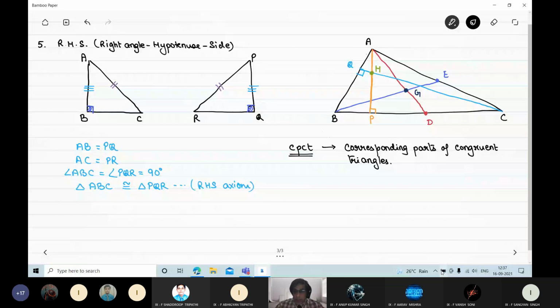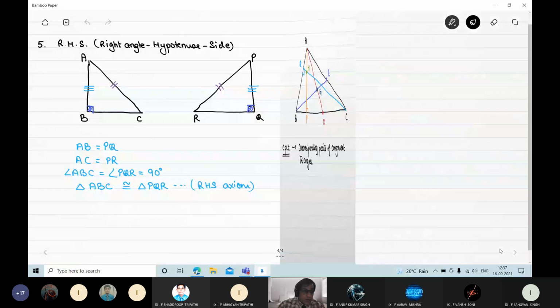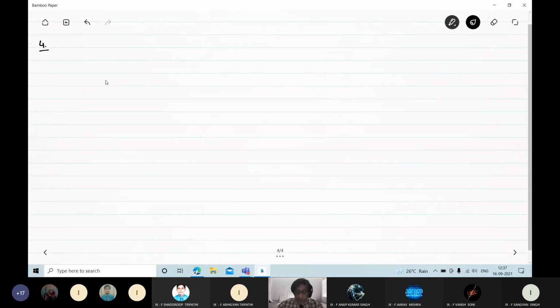We'll see some questions which are based on this. So from your exercise 10.1, I'm just picking up question number 4. Let's say, for example, the figure is given to us.